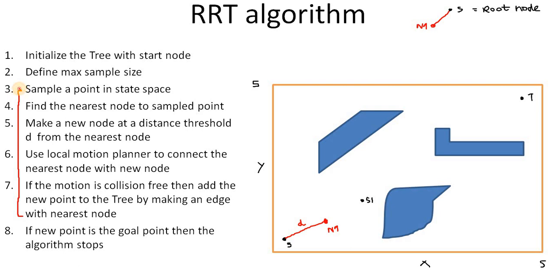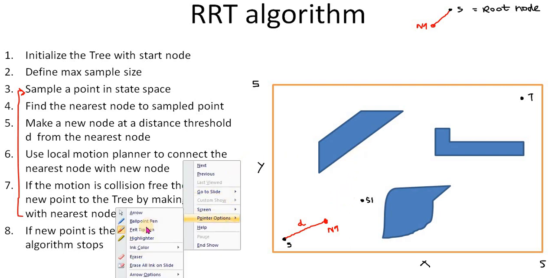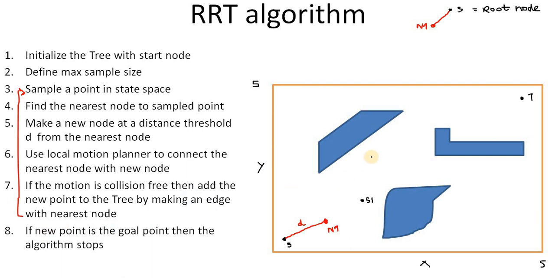We go from step 7 to step 3 again, and we again sample a point here. Let's say the second sample point is here, S2.